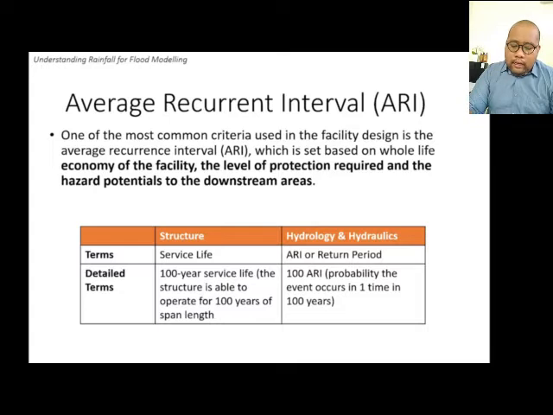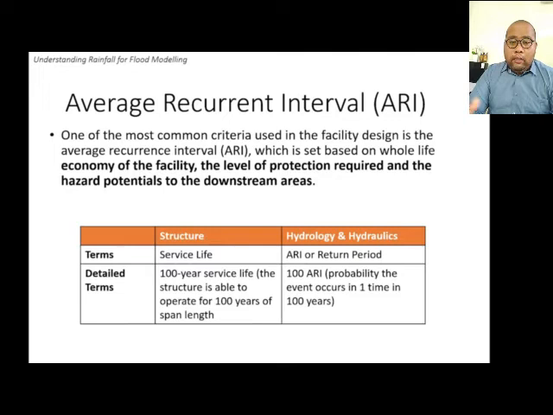ARI is basically set based on the lifespan and economy of the facility, the level of protection required, and the hazard potential to the downstream area.